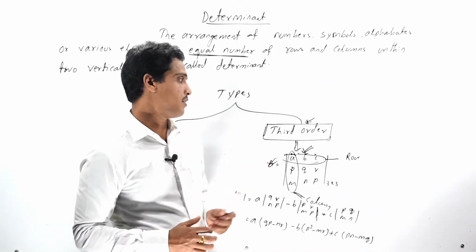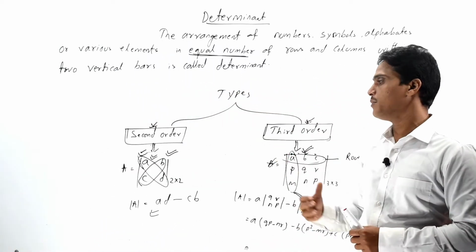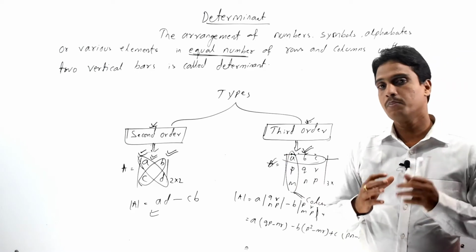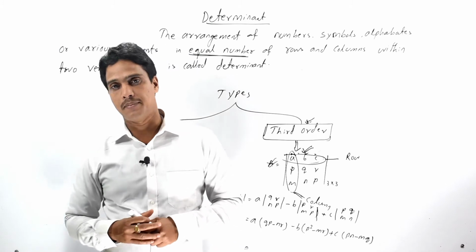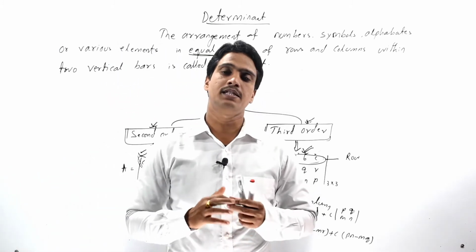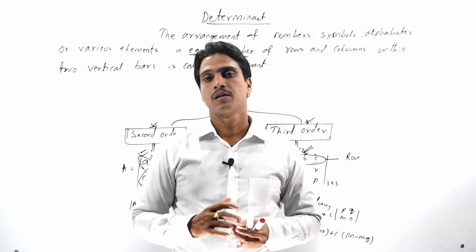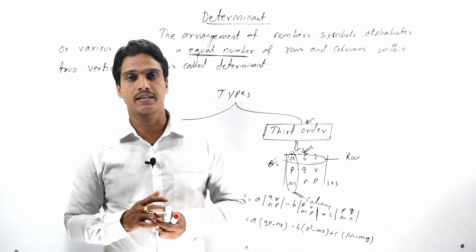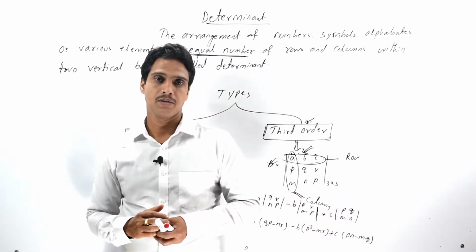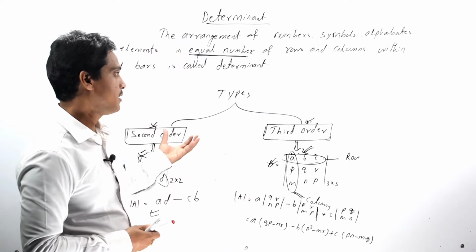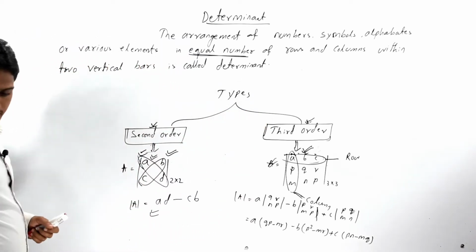Before using any method for finding the value of the determinant, we must come across certain specimens, that is the specimen of sign, the specimen of minor, the specimen of cofactor, and the specimen of elements for computing the value of the determinants. So let's discuss them one by one.